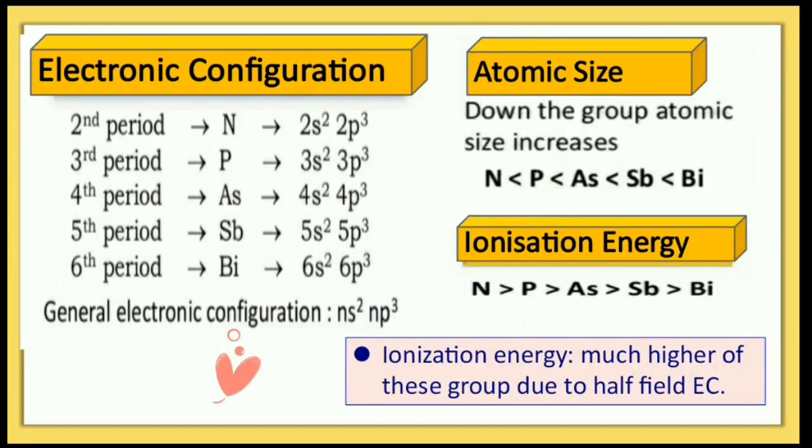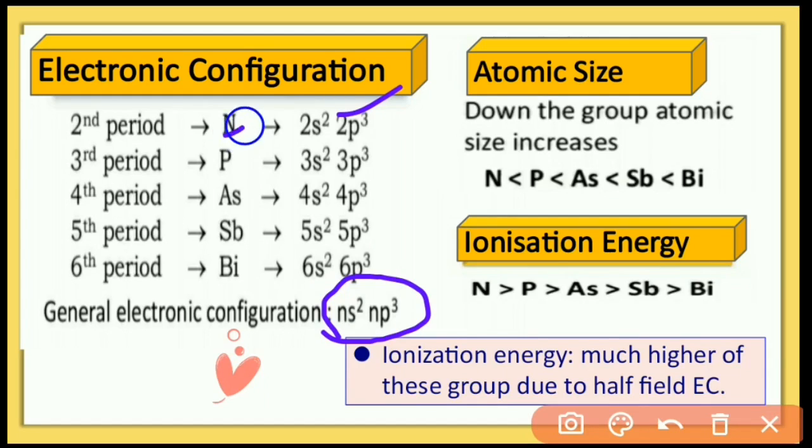Electronic configuration of group number 15 elements. So its general electronic configuration is ns2 np3. n is the value of the period number. So according to the period number, we can easily write the valence electronic configuration of group number 15 elements. Nitrogen belongs to the second period, so its valence electronic configuration is 2s2 2p3.